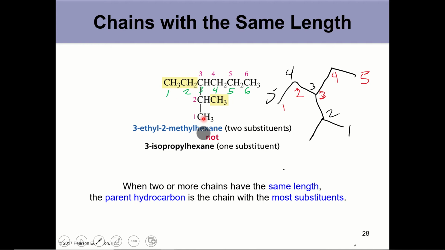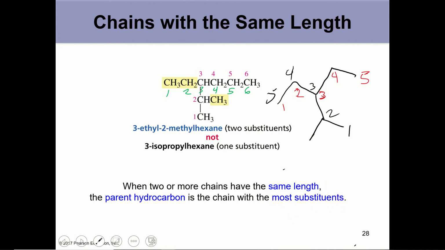So if you have 2 chains of the same length in one molecule, you're going to pick the chain that has the greatest number of substituents, the most substituents on the main chain.